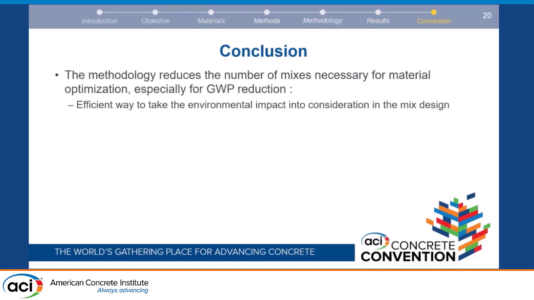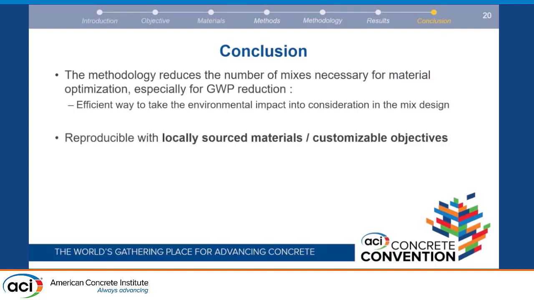So the key takeaways are that the methodology is an effective way of reducing the workload and the material resources needed for material optimization. And it's an effective way also to include the global warming potential criteria in the mixed design, which is pretty rare. It's reproducible with locally sourced materials and customizable objectives.